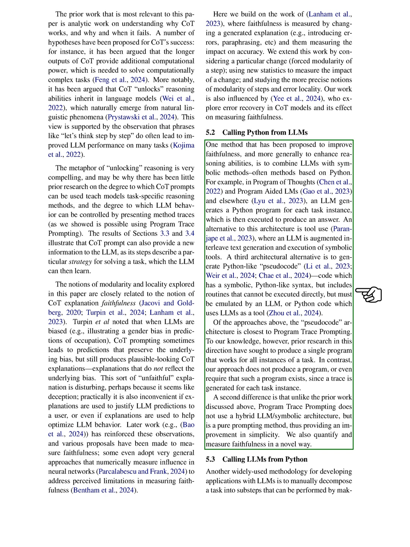Another method is tool use, where the LLM alternates between generating text and executing symbolic tools. A third option is to generate Python-like pseudocode, which resembles Python syntax but includes routines that the LLM must emulate rather than execute directly. Among these, the pseudocode approach is similar to our program trace prompting.